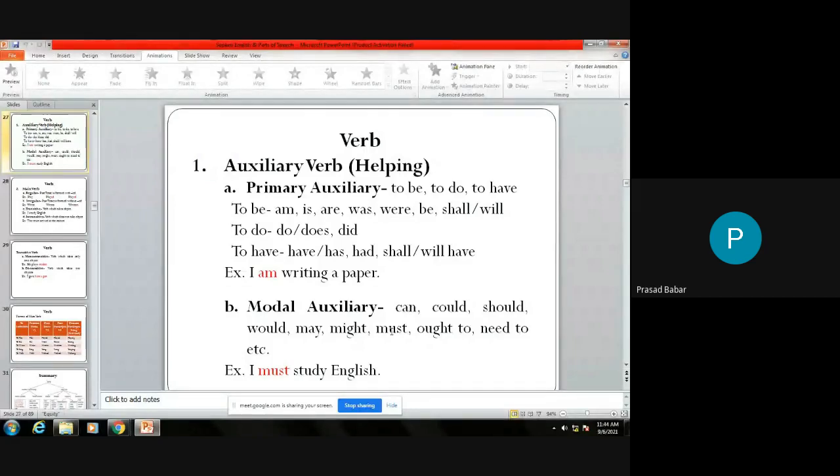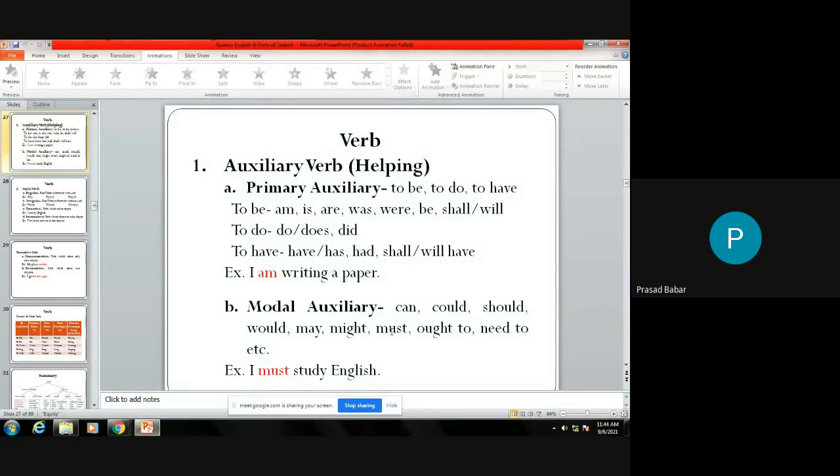Auxiliary verbs of to have form are have or has, had, shall have, or will have. So these are the three types of primary auxiliary verbs: to be form, to do form, and to have form.